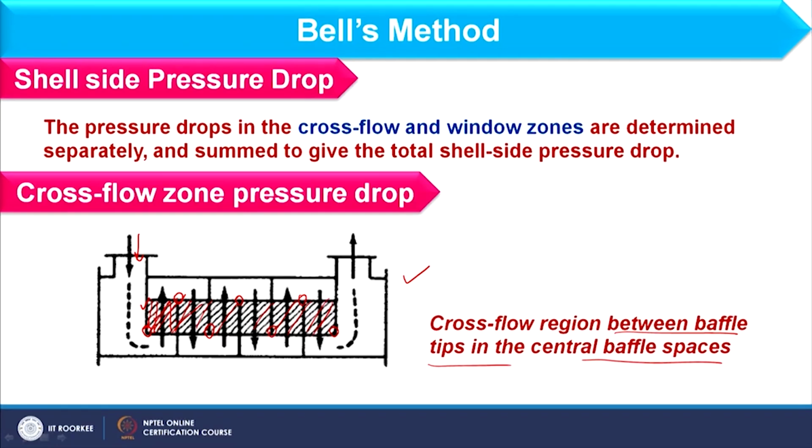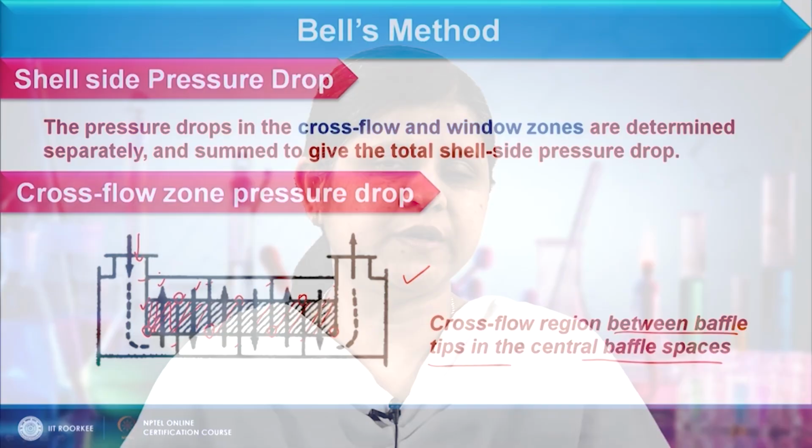Now, if I ask how many cross flow zones there will be, if you see here we have this cross flow, this, so 1, 2, 3, 4, 5, 6. So, total 6 cross flow zones are there. Now, if I count the number of baffles, these are basically 1, 2, 3, 4, 5, 6, 7. So, the number of cross flow zones should be equal to the number of baffle spacings, which is the number of baffles minus 1.